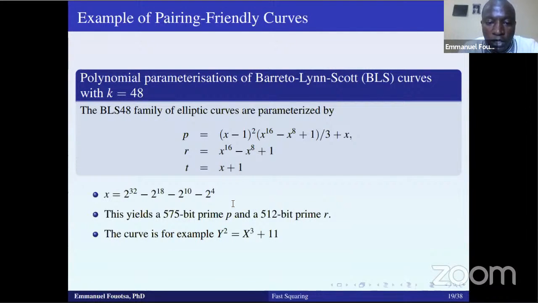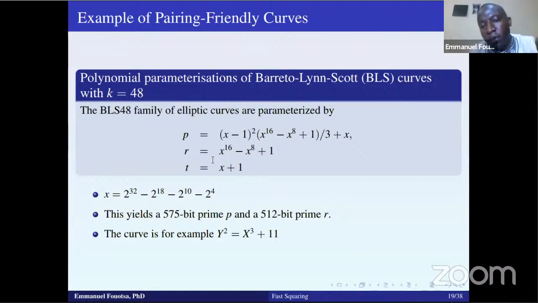It means that you can generate polynomials P, R, and T, and for a certain value X, so that P is prime and R is also prime, then you can construct an elliptic curve defined over FP, and the order of the elliptic curve has R as a prime factor.